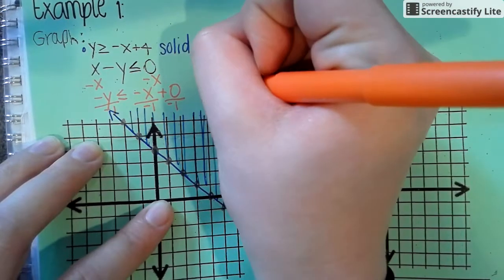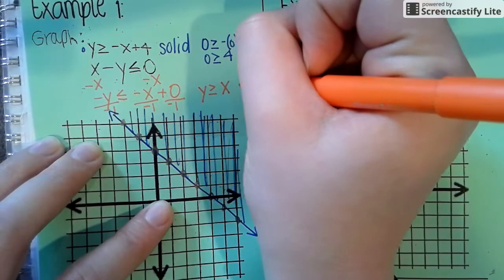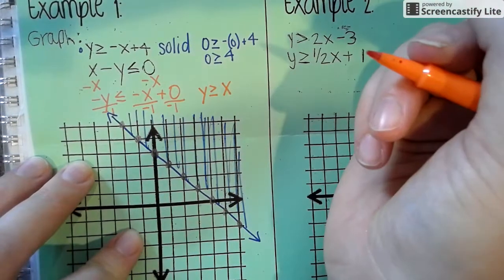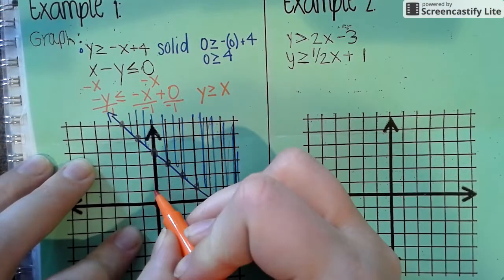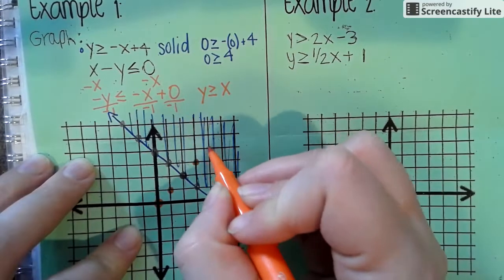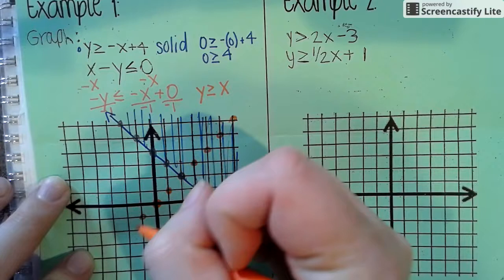So I have y is greater than or equal to, this is going to turn into 1x and then 0. And so I don't have to write anything. So that means I'm going to start on the origin. I'm going to go up 1 to the right 1 and so forth. I keep going all the way through. I'm going to go down.